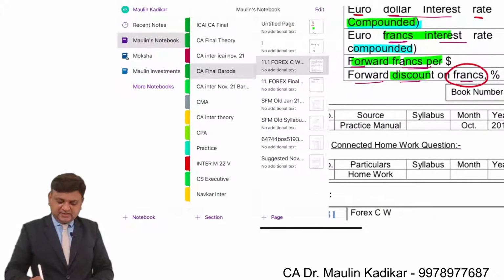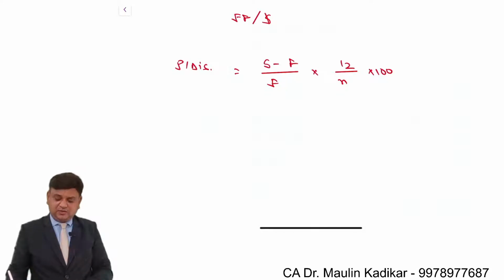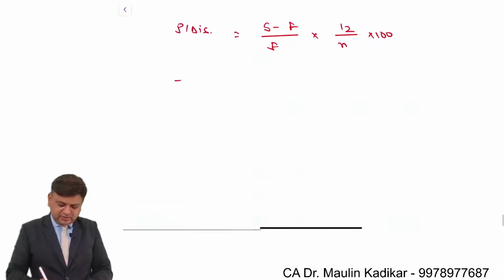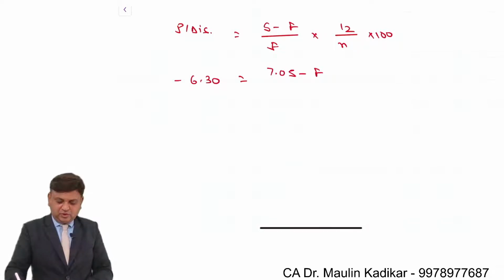It is negative 6.30%, that is the discount. So negative 6.30, spot is 7.05, forward we do not know, divided by forward again we do not know, into 12 divided by 6, that is the time period, into 100.